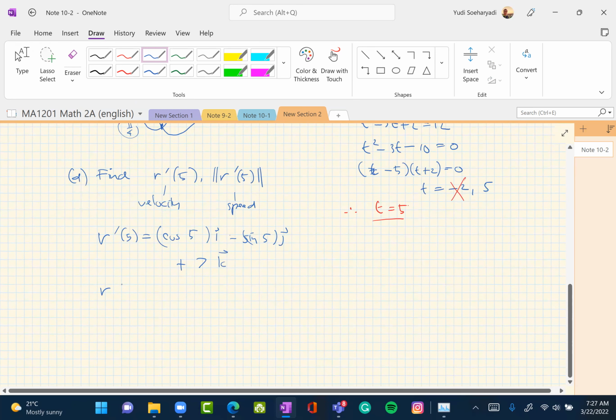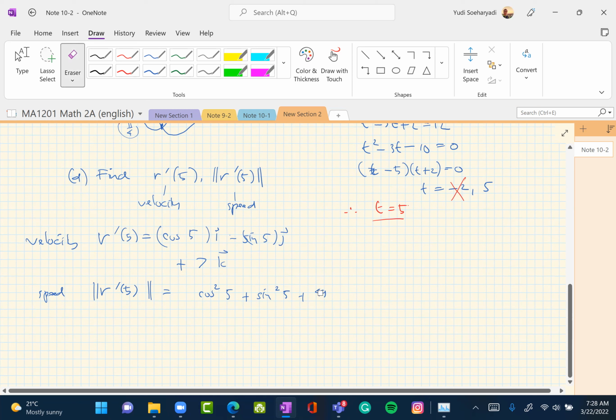And the speed. Velocity is a vector. Speed is a scalar. Okay, so cosine squared 5 plus sine squared 5, that's 1, plus 49.